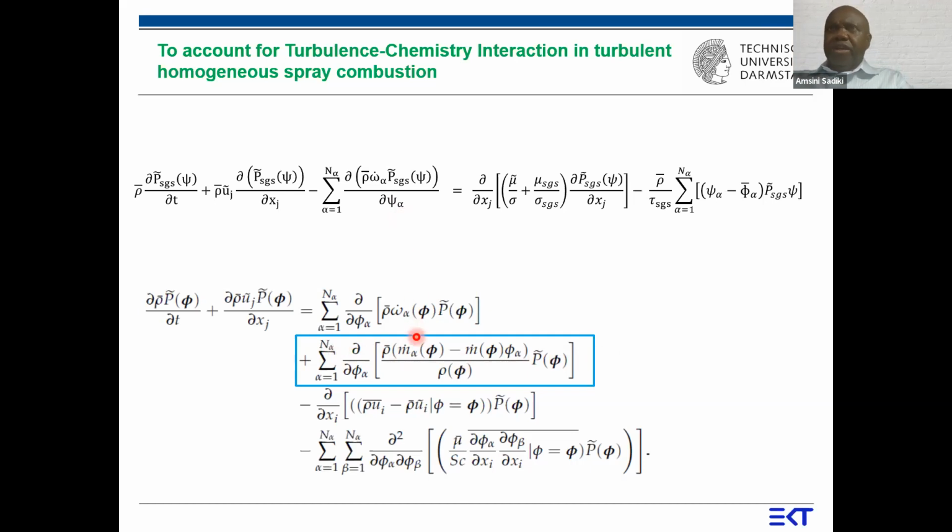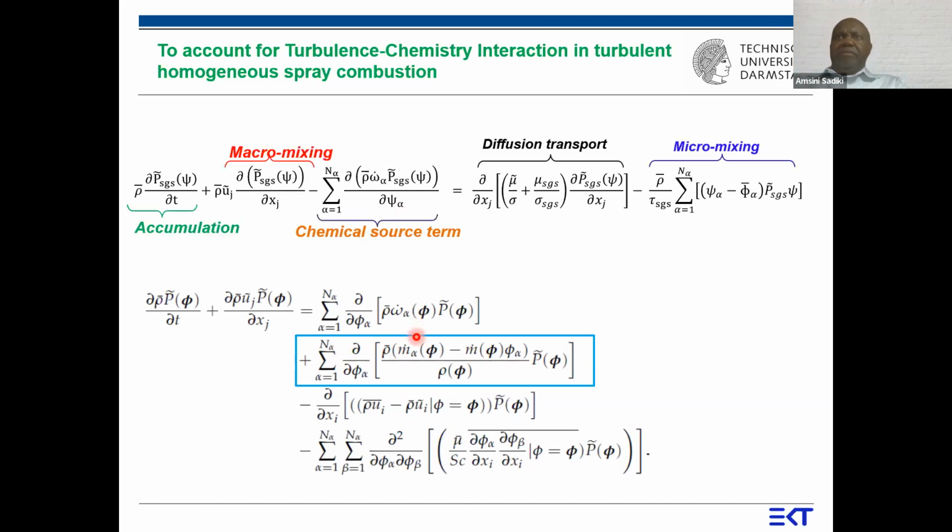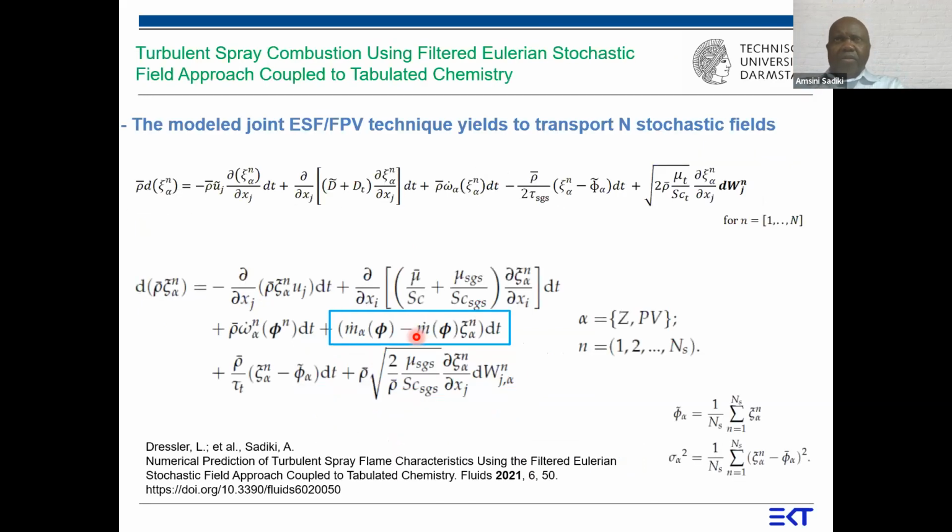And when we reduce everything to deal with the Eulerian stochastic field, we obtain the same equation, but with an additional term which accounts for the effect of droplets.